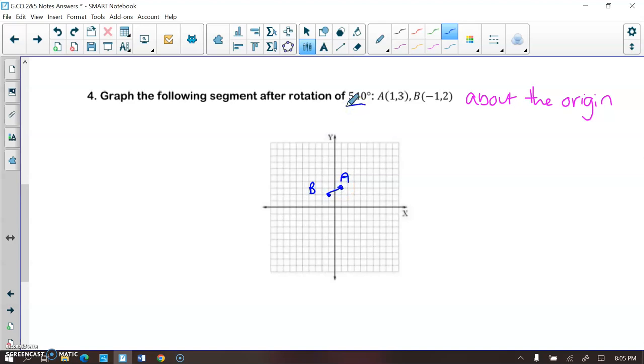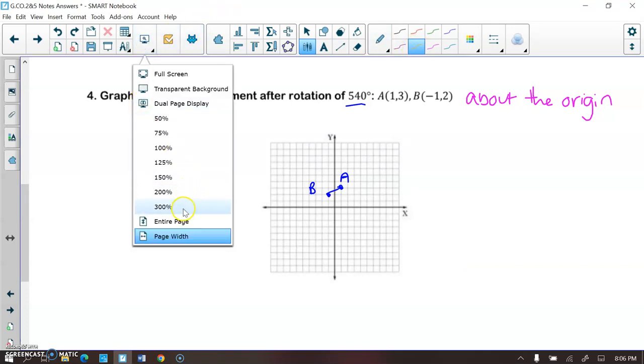A 540 degree rotation. So we did not yet talk about this, but a full rotation is 360 degrees. So if I rotated point A and B 360 degrees about the origin, they would lie exactly where they lie right now.